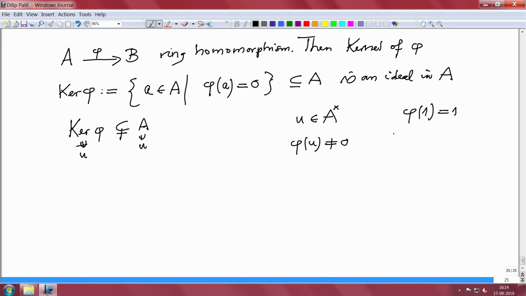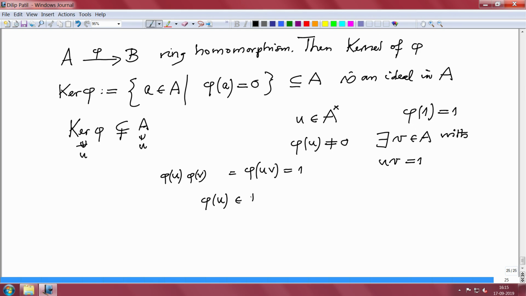If U is a unit, therefore there exists a V in A with UV equal to 1. But when you apply phi to this, you get phi of UV equal to 1, which is phi of U times phi of V. Therefore, we can conclude phi of U is also a unit in B. So, a ring homomorphism maps units to units.